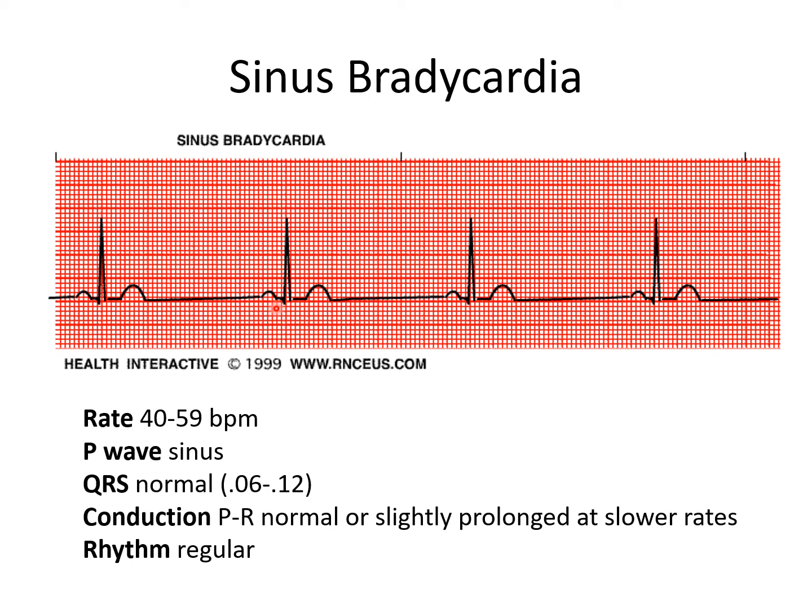And here, one large box is 0.2 seconds. So we know that the PR interval is normal, and therefore that's also an indication that this is a sinus bradycardia. If the PR interval is prolonged, that brings us into a whole other category of heart blocks that we haven't even spoken about yet. So here we have a normal length of our PR interval, less than 0.2 or less than 1 big box.